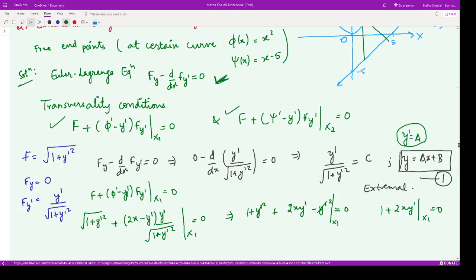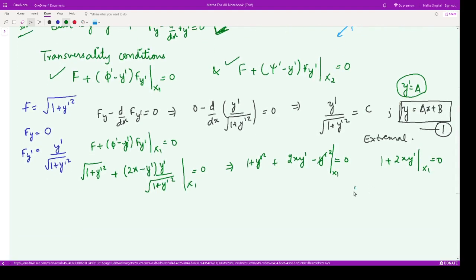Let us put these here. So we have 1 plus 2 into, replace x by x1 and y dash by a, is equal to 0. So from here what you get is a is equivalent to minus 1 upon 2x1. So this is one condition that we obtain, right?